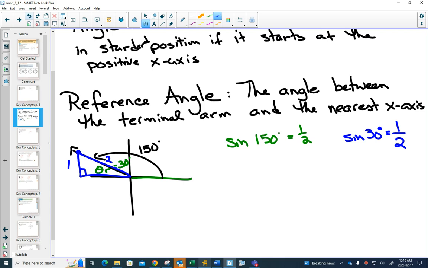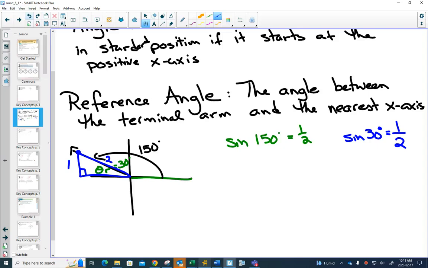So our reference angles help us figure out sine, cos, and tangent of bigger angles, still related to a right angled triangle. And what it means is that if you have 150 degrees, you could find its reference angle, draw a triangle with the reference angle, and then calculate, oh, I know that sine of 30 degrees is 1/2, so I know that sine of 150 degrees is also 1/2.